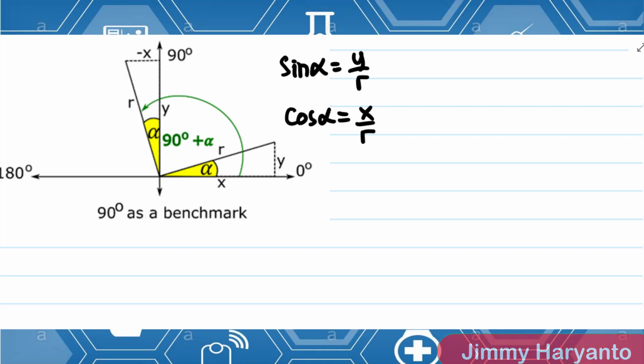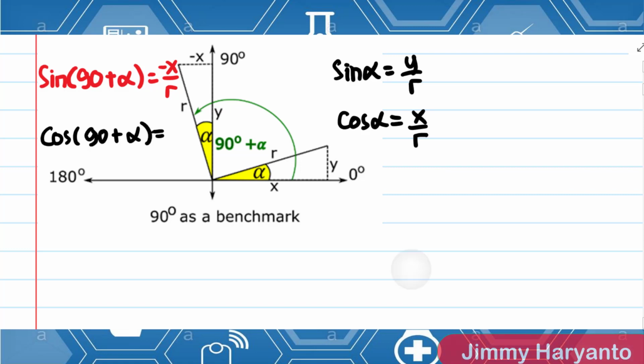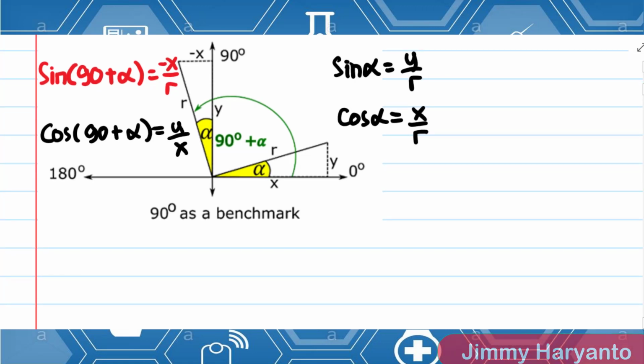But in quadrant 2, for 90 degree plus alpha, I will calculate it like this. Sine 90 plus alpha equals to the opposite, the depan, which is negative x over r. And cos 90 plus alpha will be y over r, guys.